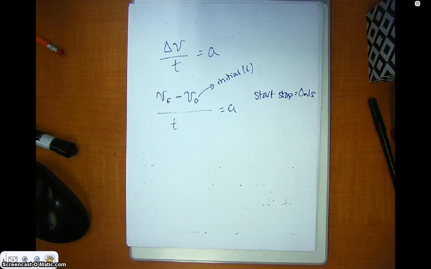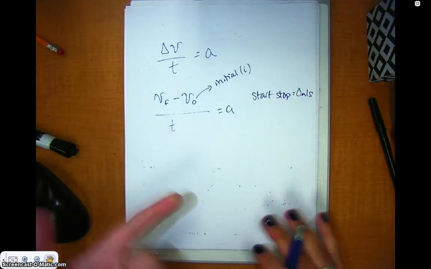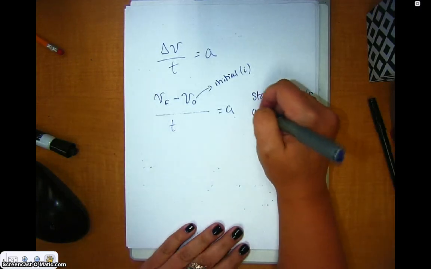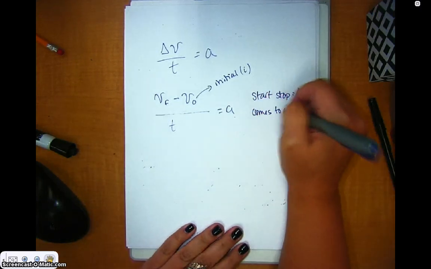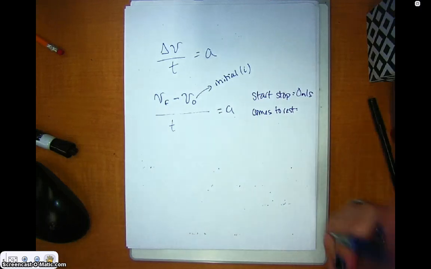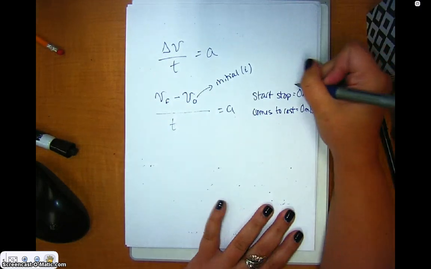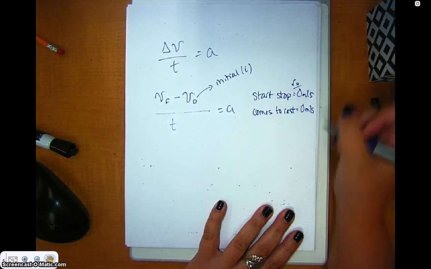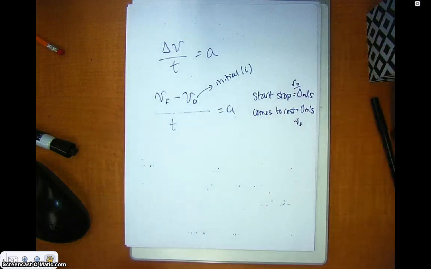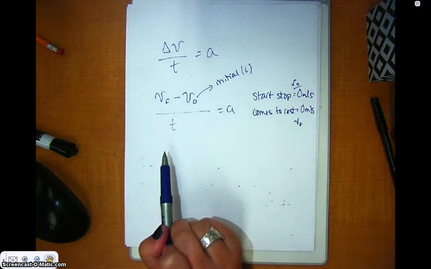Another value we could imply is if the vehicle comes to rest or comes to a stop, then at the end that means that the final velocity is 0 meters per second. So this would be initial velocity 0 meters per second. This would be final velocity 0 meters per second. So sometimes that term cancels out.